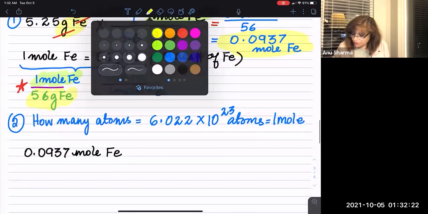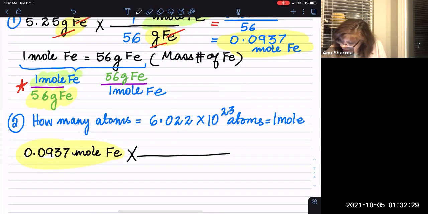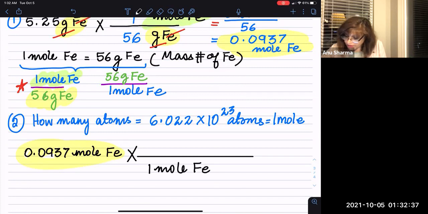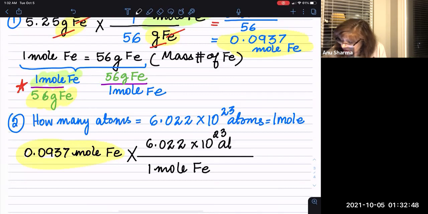So here is this mole value, which is coming from the previous question, and this moles times. Now here we see that 1 mole will be in the denominator, because we are not interested in 1 mole. What are we interested in? How many particles there are. So 1 mole contains 6.022 times 10 to the power 23 atoms of iron.